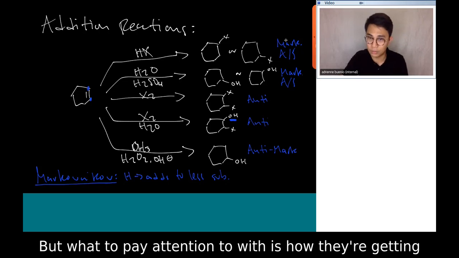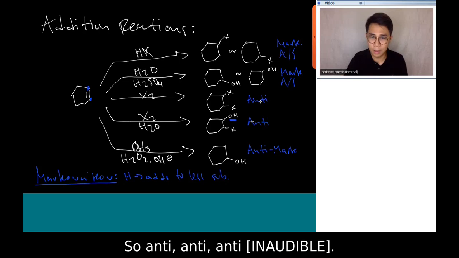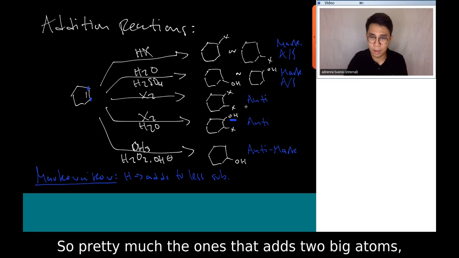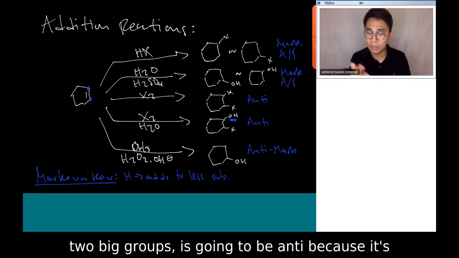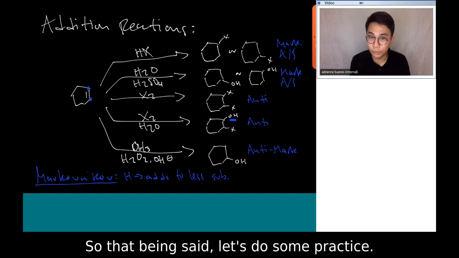But what to pay attention to is how they're getting added. So anti, anti-Markovnikov, right? Pretty much the one that adds two big groups is going to be anti, because it's a more stable position. So with that being said, let's do some practice.